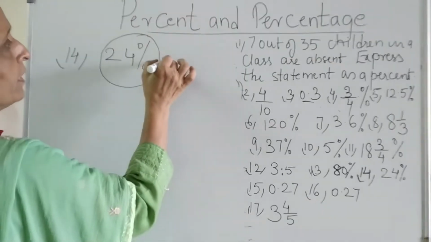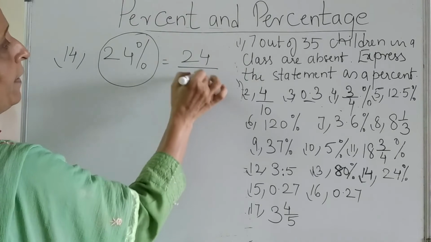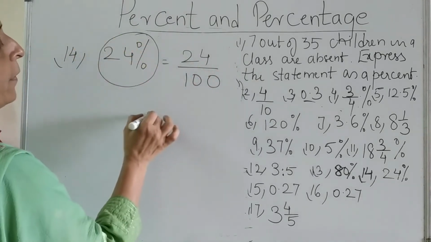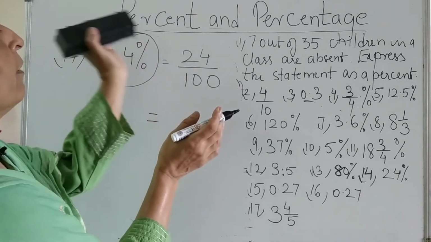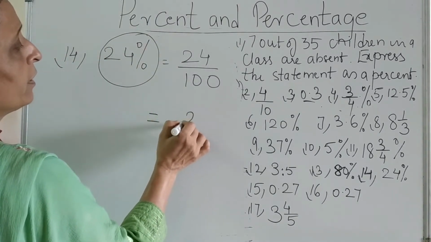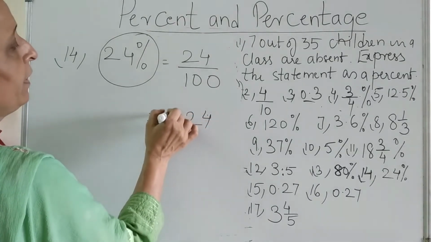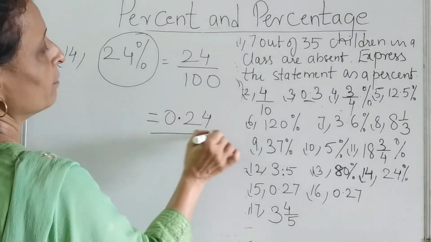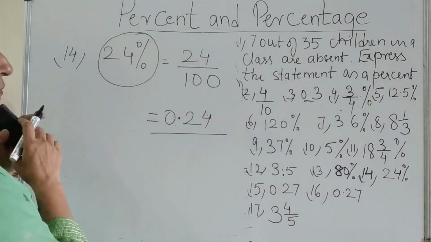I have to put it in decimal, so I have to divide by 100. When it is divided, the point will go to the left hand side. So here 2, 4, the point will be here. So now in decimal, the answer is 0.24.